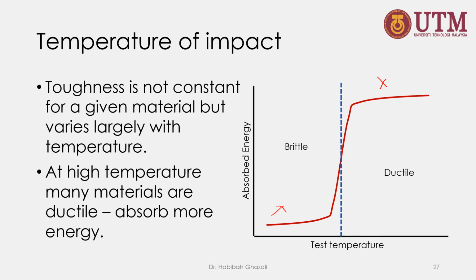So for some materials, you will see what we call the ductile to brittle transition temperature, where at a certain temperature the material starts to behave in a more ductile manner and you will see the impact energy increase, and at lower temperature the material will behave in a brittle manner. Typically, you will want to operate above the ductile to brittle transition temperature, so the material is behaving in a ductile manner.